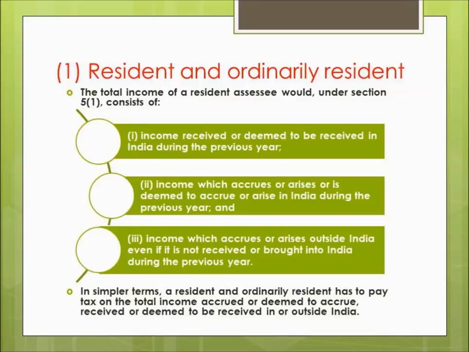Number two, income which accrues or arises or is deemed to accrue or arise in India. Number one was the income which he has received. Number two is the income which accrues to him, which he has not received but will receive at some later point of time. So that also will be included in the scope of total taxable income.